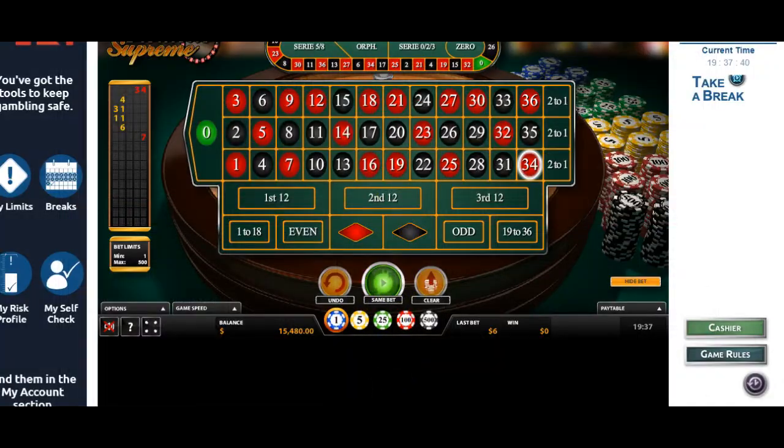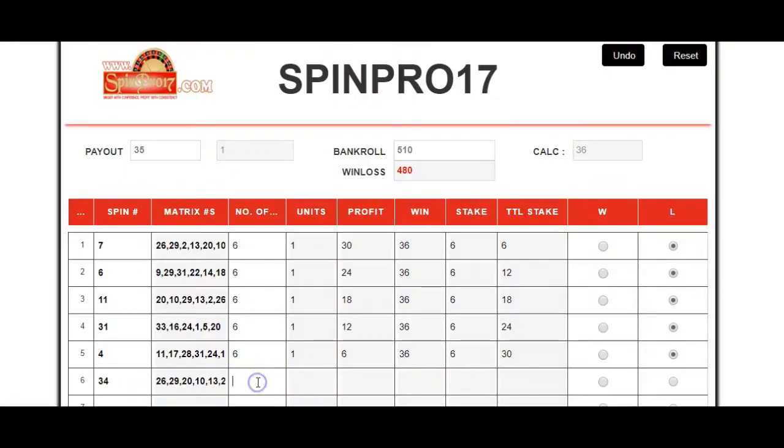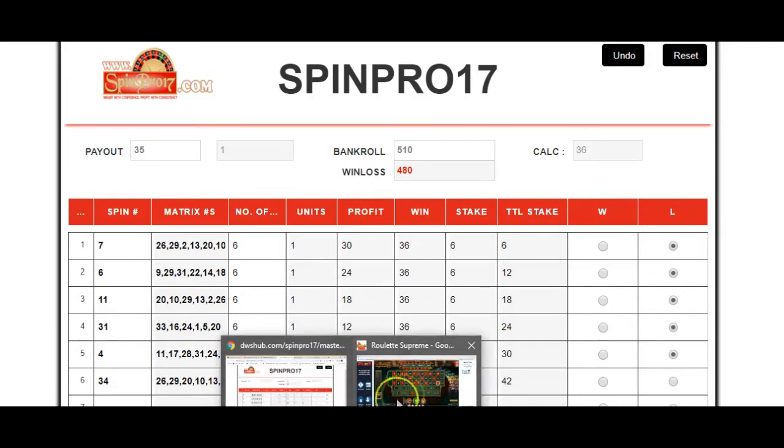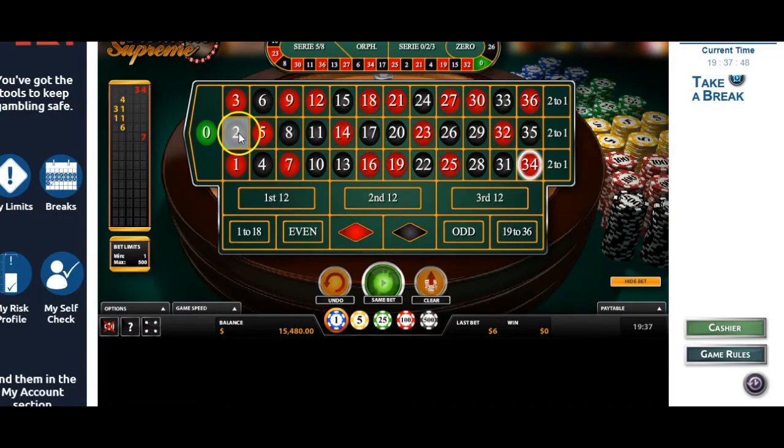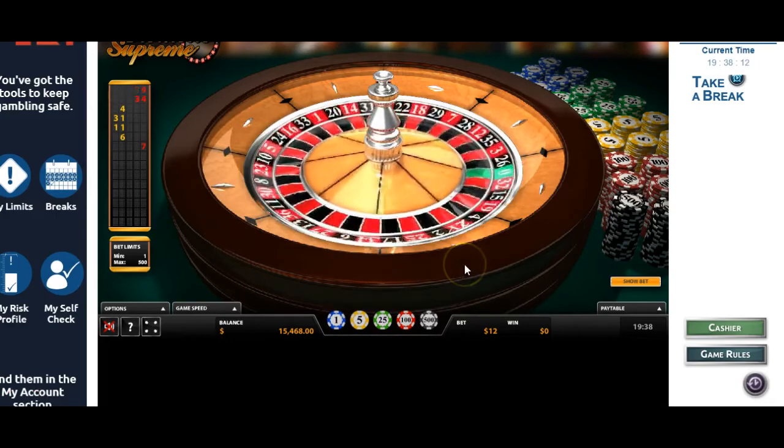Okay, so we know what we got here. And this is asking for 6. It's probably going to change now. So it's telling you 2. 26, 29, 10, 13. Okay, so it's going to be 2, 10, 13, 20, 26, 29. So we've put those in and we spin away.